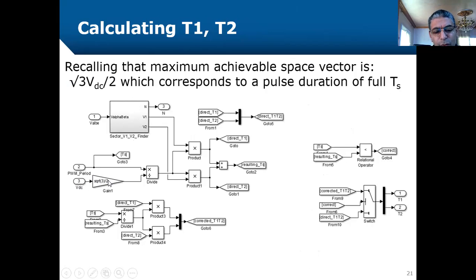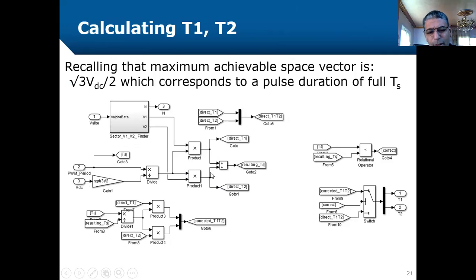And for each one of V1 and V2, we divide, look at this, this is the PWM period, multiplied by the division of V1 over this amount. And V2, the same, is divided by this amount. And this division gives the ratio of PWM that should be assigned to V1 or V2, which are T1 or T2.